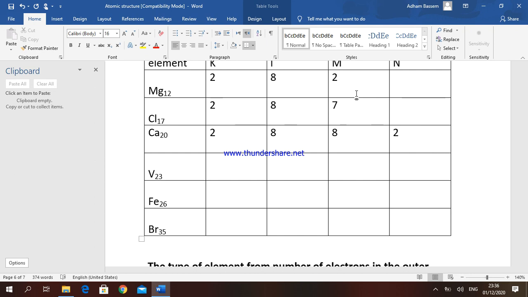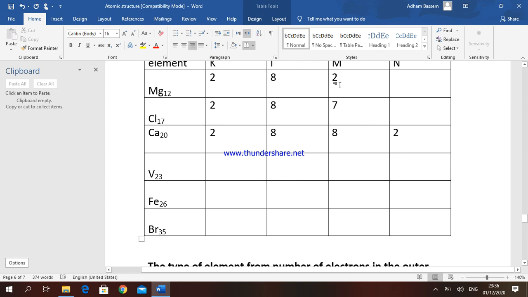Metals are elements which have less than 4 electrons in the outermost energy level. So the outermost level may contain 1 electron or 2 electrons or 3 electrons. Like magnesium. Magnesium contains 2 electrons in the outermost level, so it's called a metal.